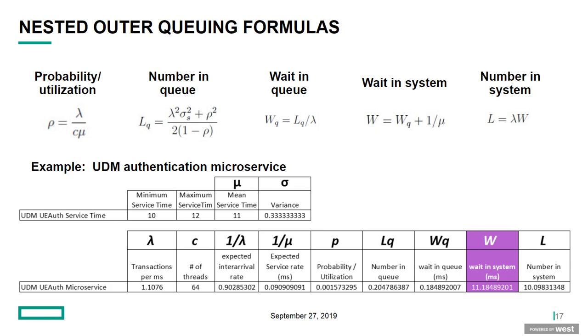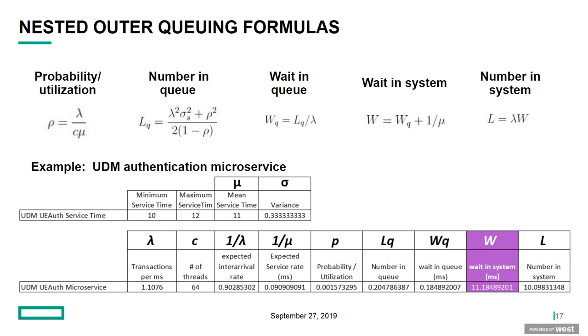And then finally we get to the response time, or how to estimate the wait time in the system. You take the wait time in queue plus the expected service time, which is the reciprocal of the mean service rate. This value does not include the network transport latency, so we need to add the network transport latency of the inbound hop and the outbound hop of the outermost container.